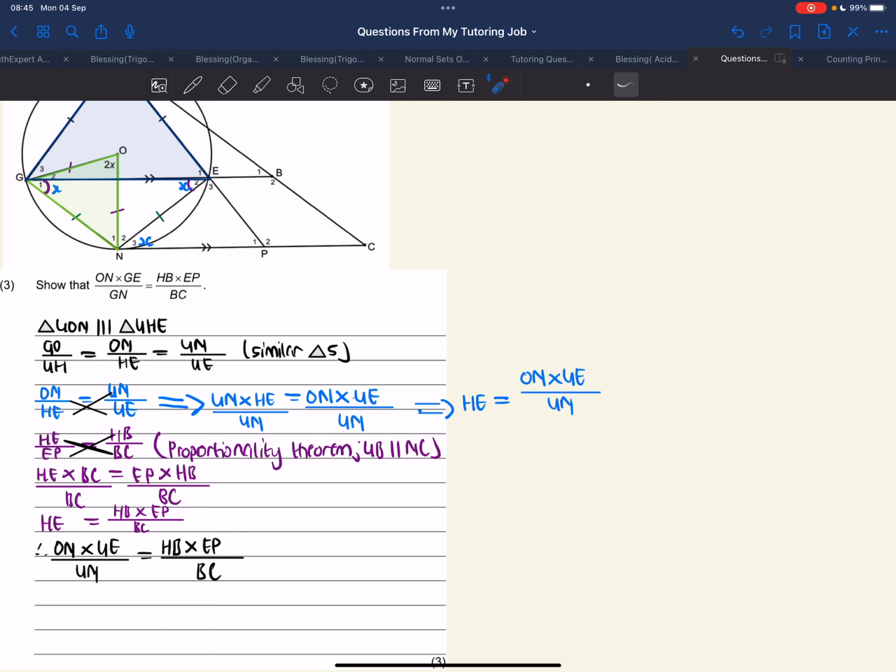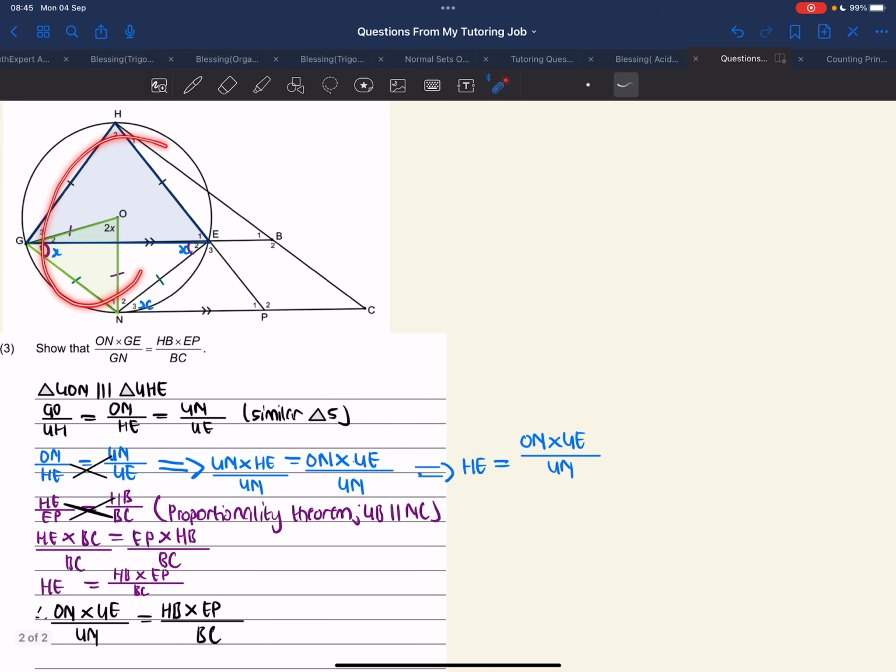So you basically had to use the similar triangles which we proved in our previous question, which is triangle GON being similar to triangle GHE. After that we use the proportionality theorem, which states that HE over EP is equal to HB over BC, and we state the lines that make the proportionality theorem: GB being parallel to NC.